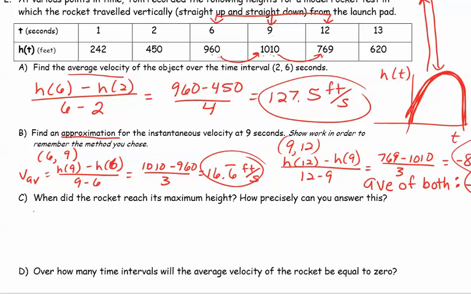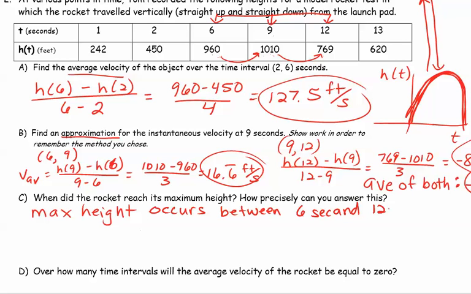So I think we could say first that we know that the vertex, or the maximum height, by first glance occurs somewhere between 6 seconds and 12 seconds. But now when we think about these distances covered, remember it's slowing down till it reaches its maximum. So we don't know that 9 seconds is the maximum.